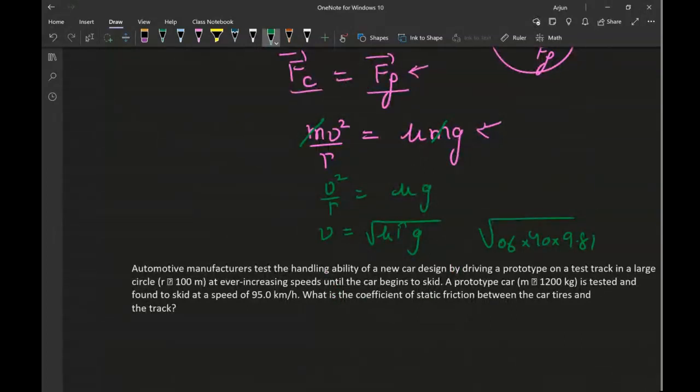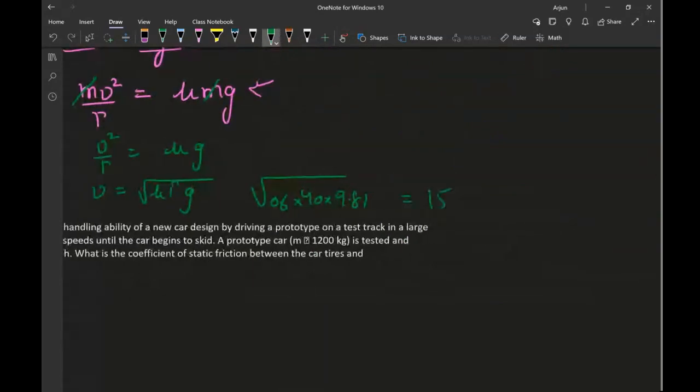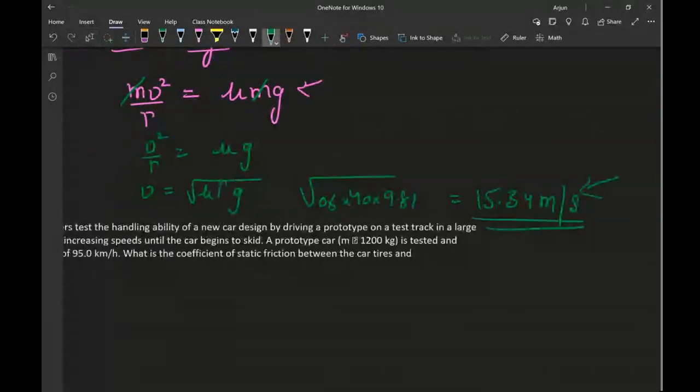If I square root that number, that will be equal to 15.34. So this is equal to 15.34 meters per second. That's the velocity or the speed it should move.